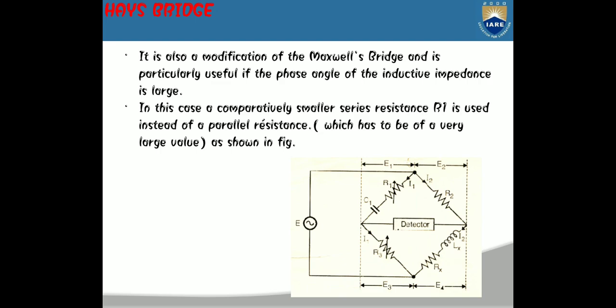Q is equal to omega L by R. The frequency of the AC current used to assess the unknown inductor should match the frequency of the circuit the inductor will be used in, because the impedance, and therefore the inductance of the component, varies with frequency.